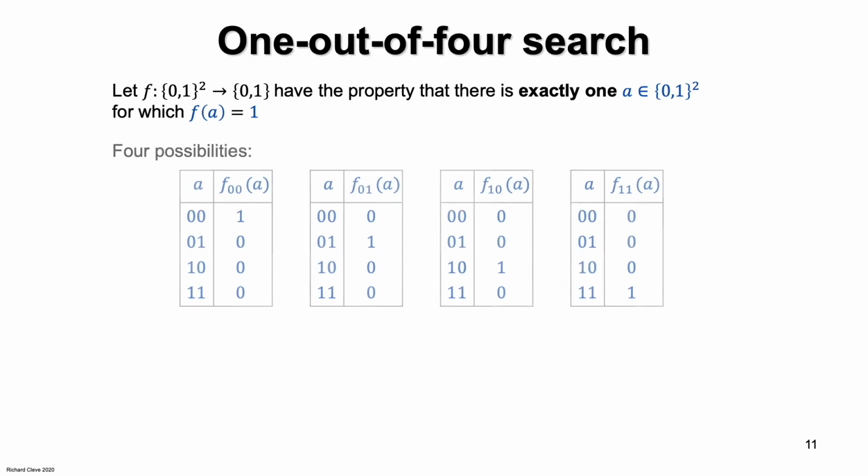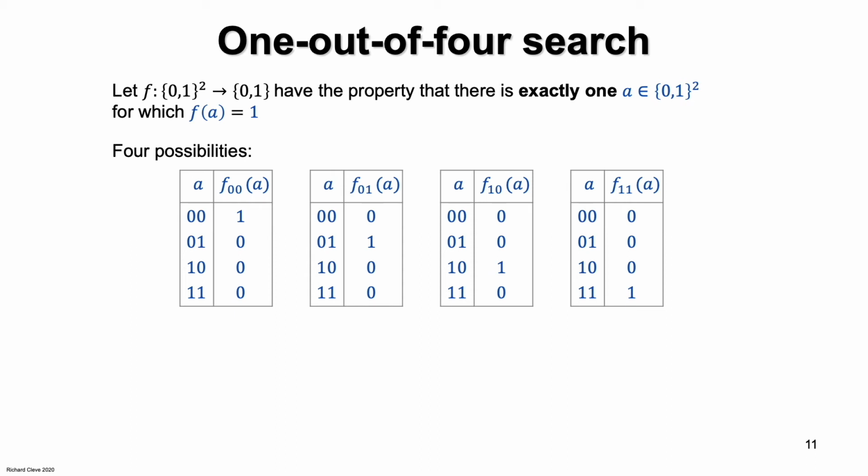There are 4 possibilities for such a function, and here are their truth tables. The function can attain the value 1 at point 00, at point 01, or at point 10, or at point 11.